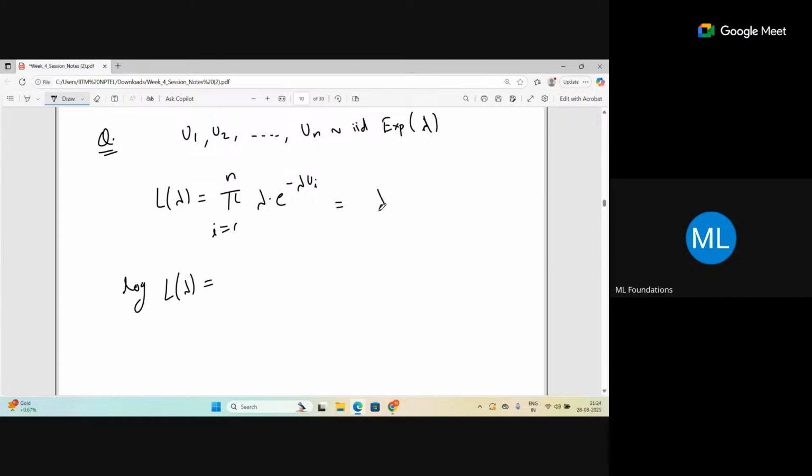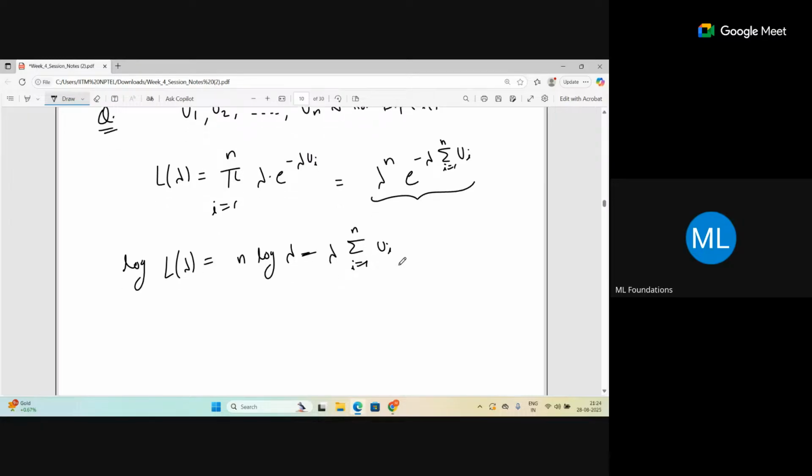The product will be lambda to the power n times e to the power minus lambda times the summation of i equals 1 to n ui. If I apply logarithm over this function, what I get is n log of lambda minus lambda times the summation of i equals 1 to n ui.